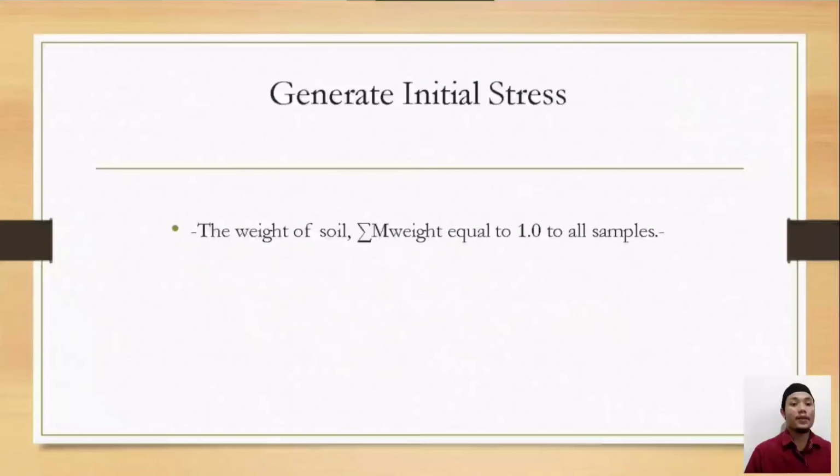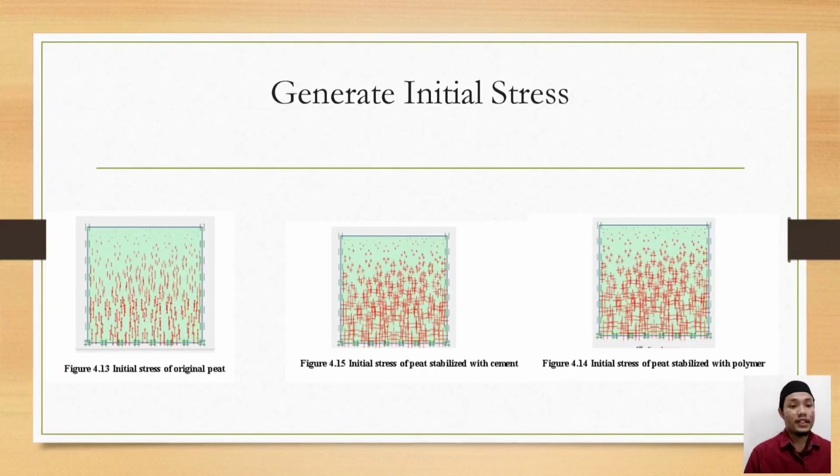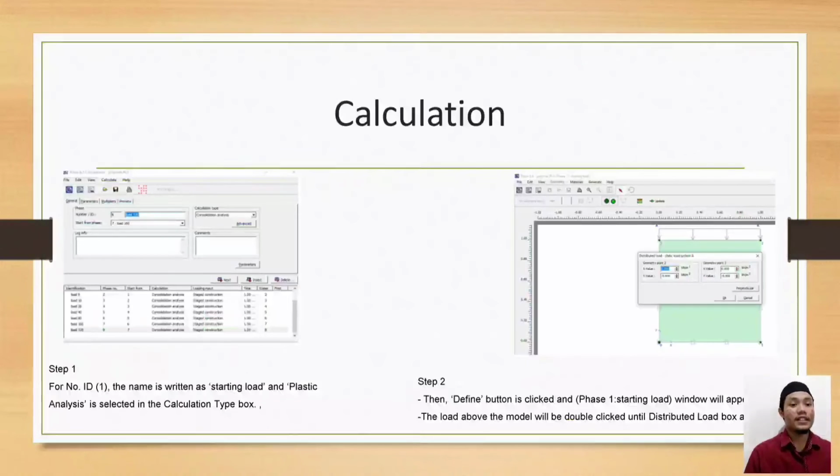After the update, we will get the result. The critical part of this, we can see the polymer has more initial stress than the original peat. This shows the result of initial stress.